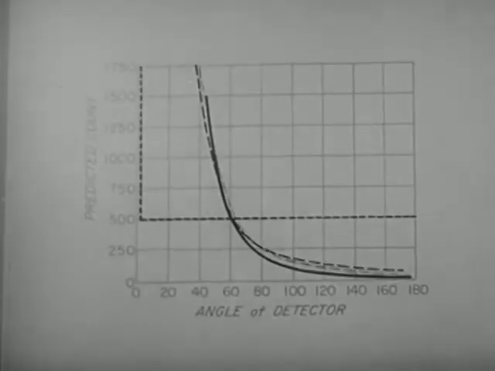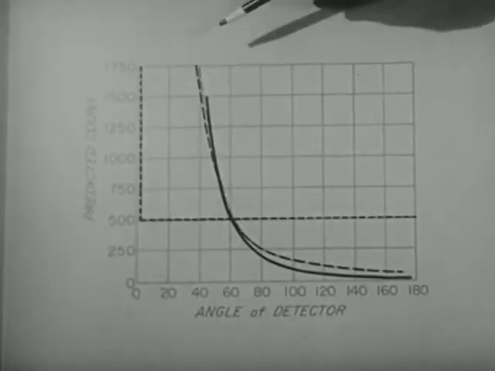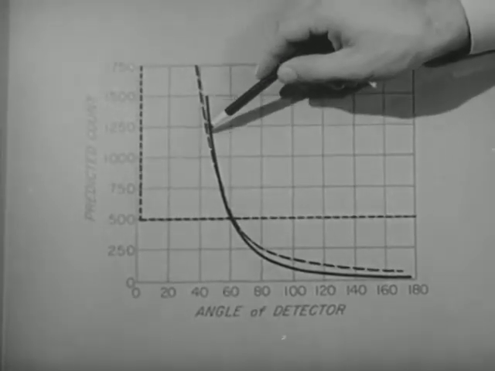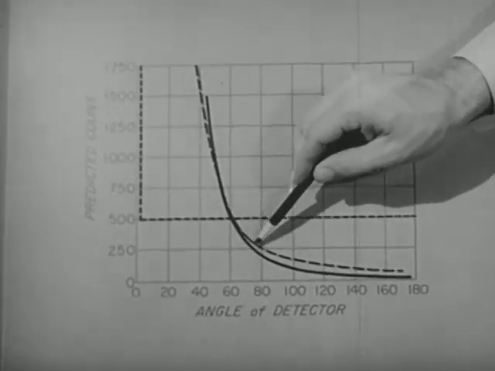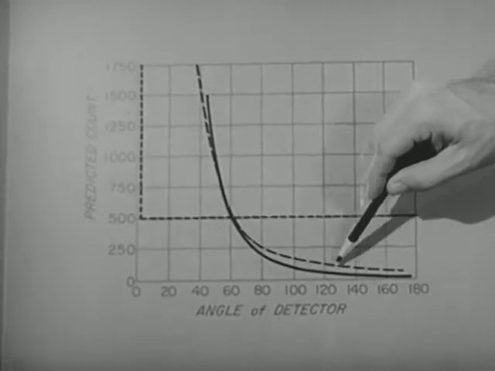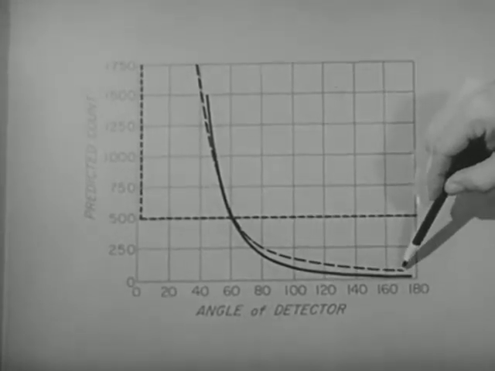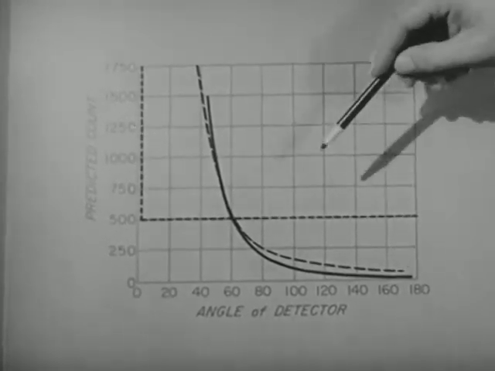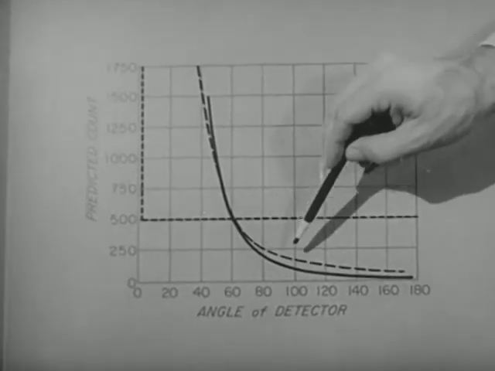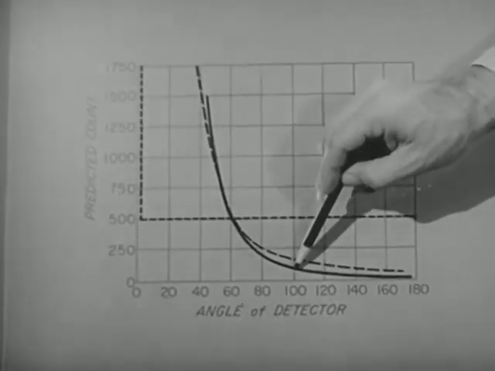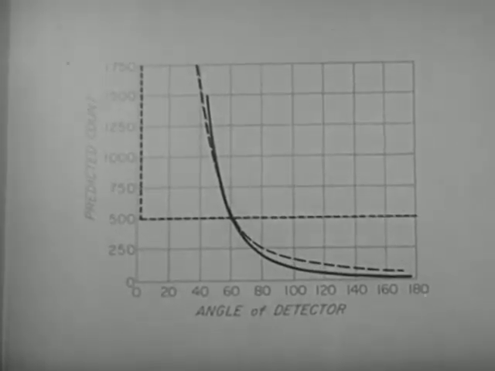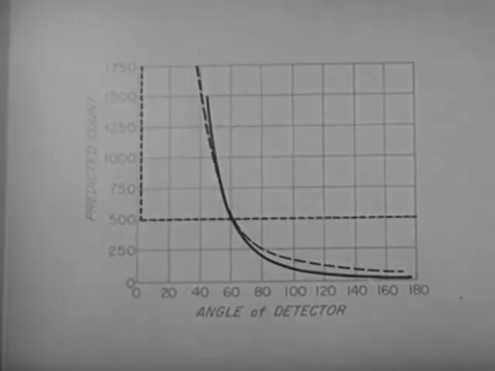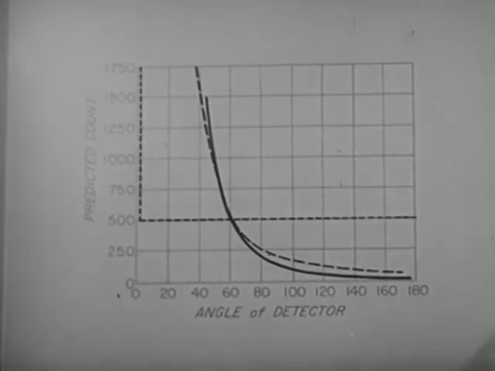And here is the curve you would expect if the deflecting force were proportional to 1 over r cubed instead of 1 over r squared, as in the Coulomb force. You can see that the three curves are different. Each curve provides a signature or fingerprint of the type of force that is at work in the collision.